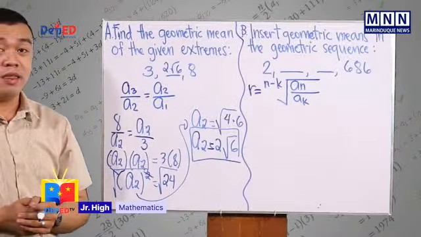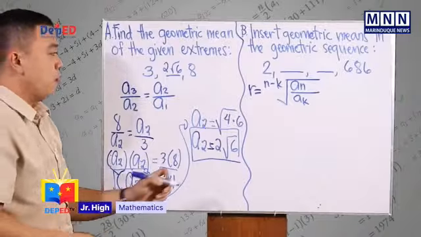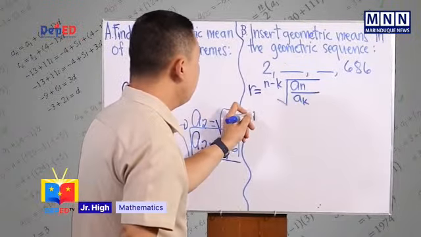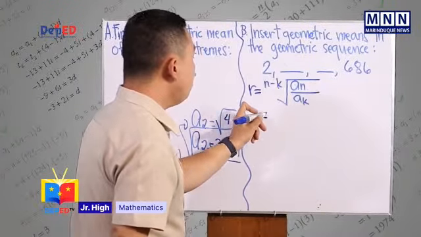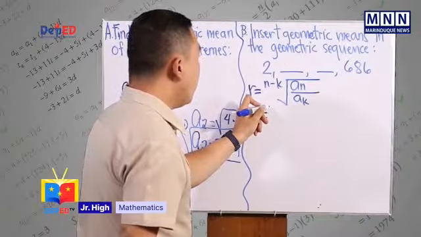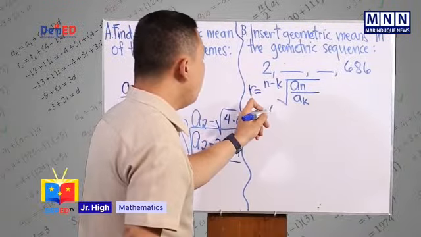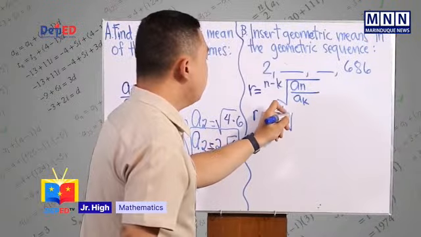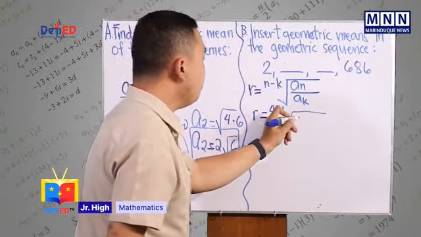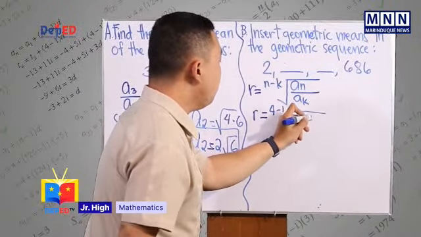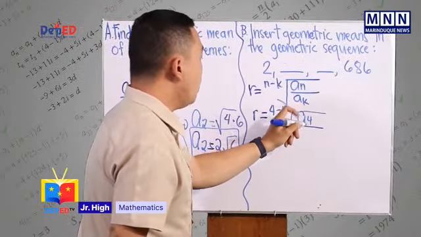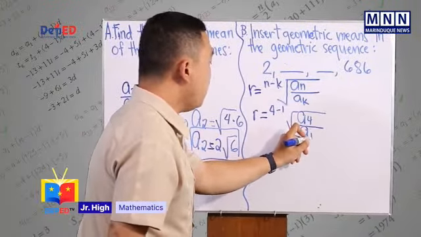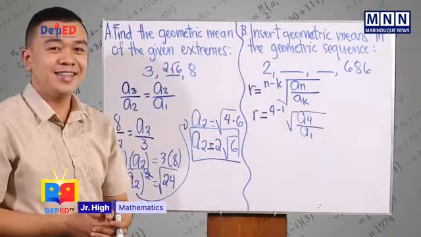Let's substitute the given values. So r is equal to, our n again is 4 minus 1, and the root of a sub n, we will use the value a sub 4, and our a sub k is a sub 1.